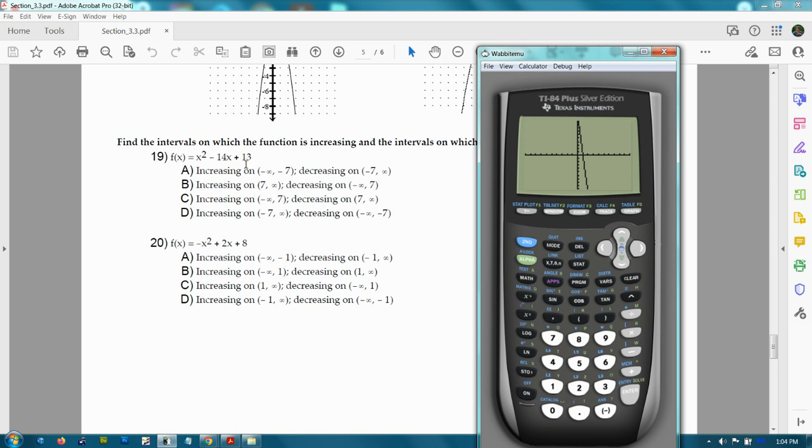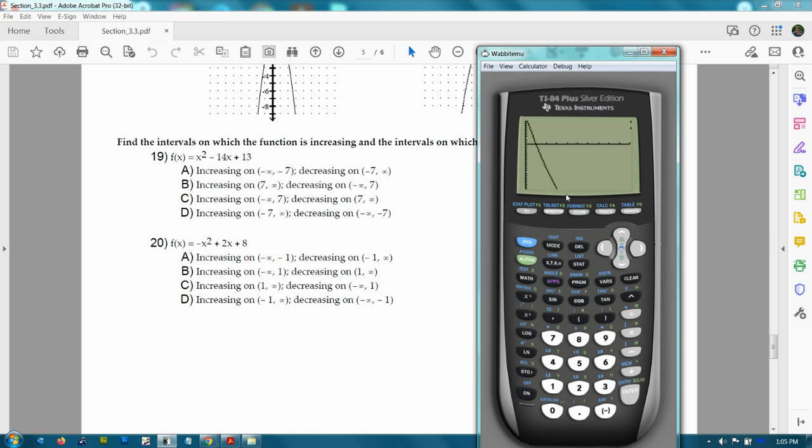Let me change my x min to 0 and my y min to, let's say, minus 20, and see what this looks like.